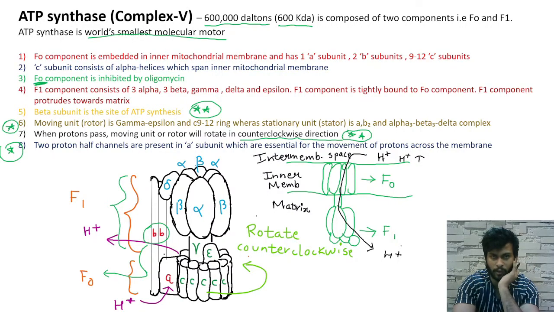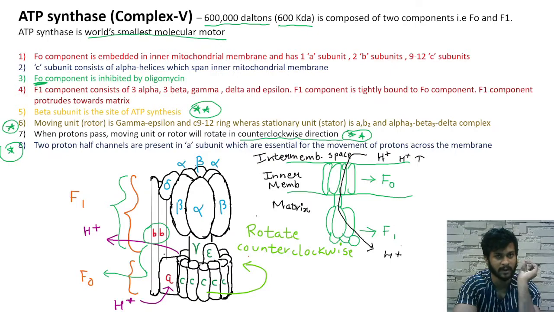When these protons are getting transferred from the intermembrane space to the matrix, this will result in the production of ATP, or ATP synthesis.